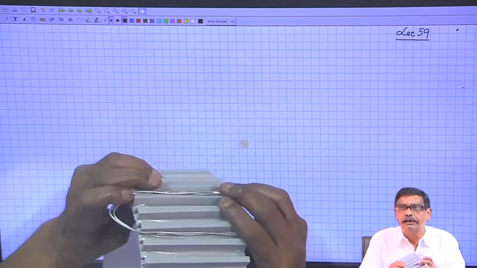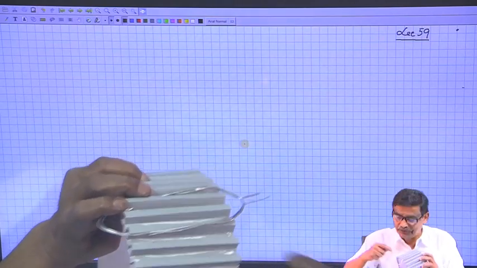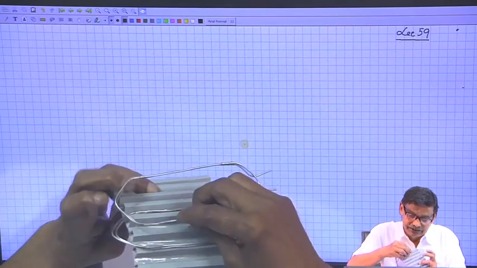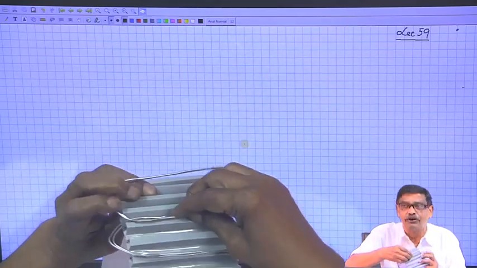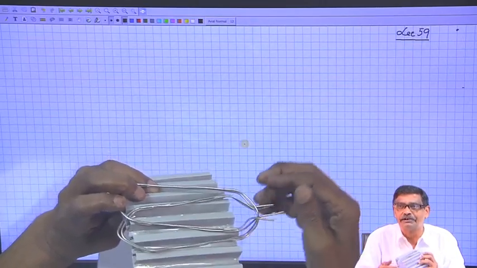Only one relief is there, that all coils are identical. If you know one coil, the other coils will be placed in some other slots, that is all, with its 2 terminals, start finish, start finish.